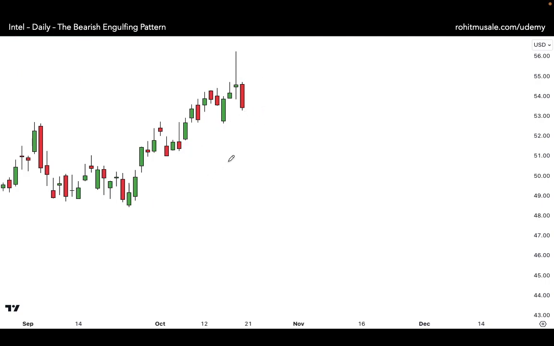The first condition is it must come after an uptrend. That's condition number one. Condition number two is the first candle of the bearish engulfing pattern, which is a two candle pattern. The first candle should be a small real body. The real body of that candle should be as small as possible.